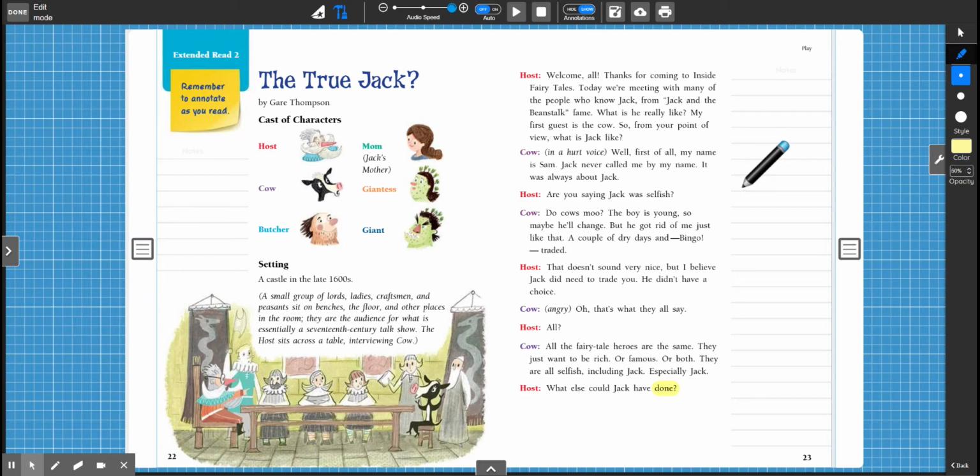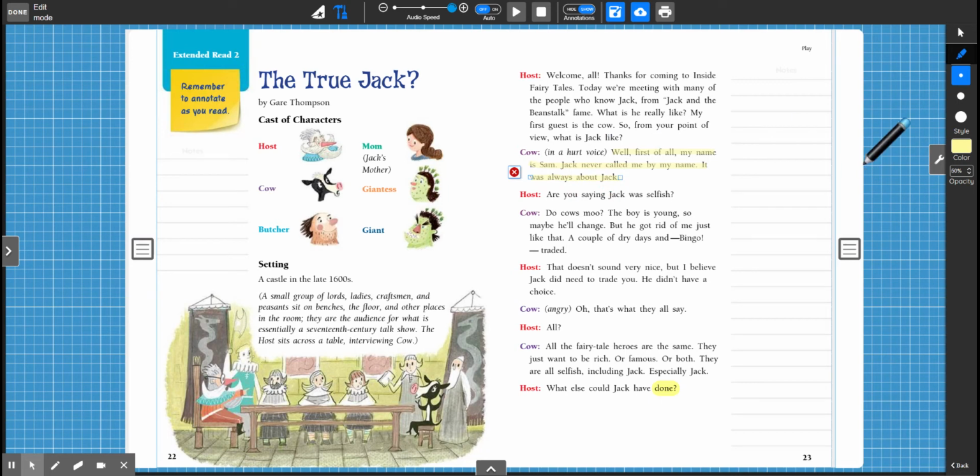Jack never called me by my name. It was always about Jack. So that tells us that he thinks it was always about Jack, right?